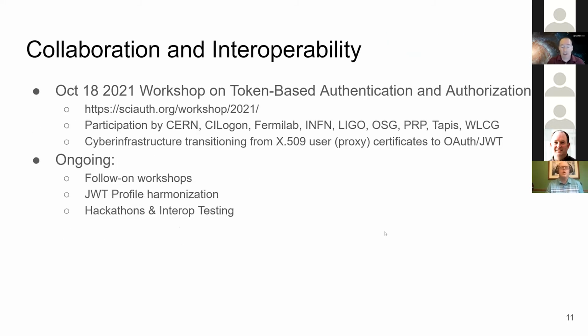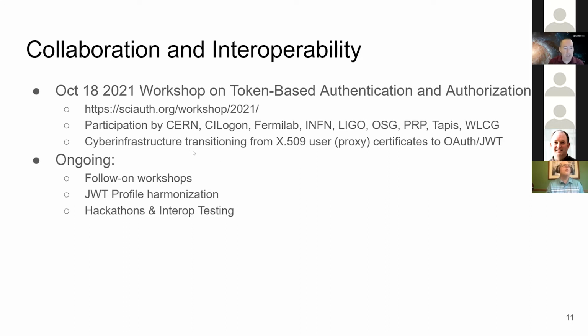And so really key to all of this is collaboration and ensuring interoperability across our scientific computing infrastructures. And so that'll be, I think, a thread running through our discussions today and tomorrow. And then we're going to pick up that topic again on Monday in the workshop on token-based authentication and authorization.